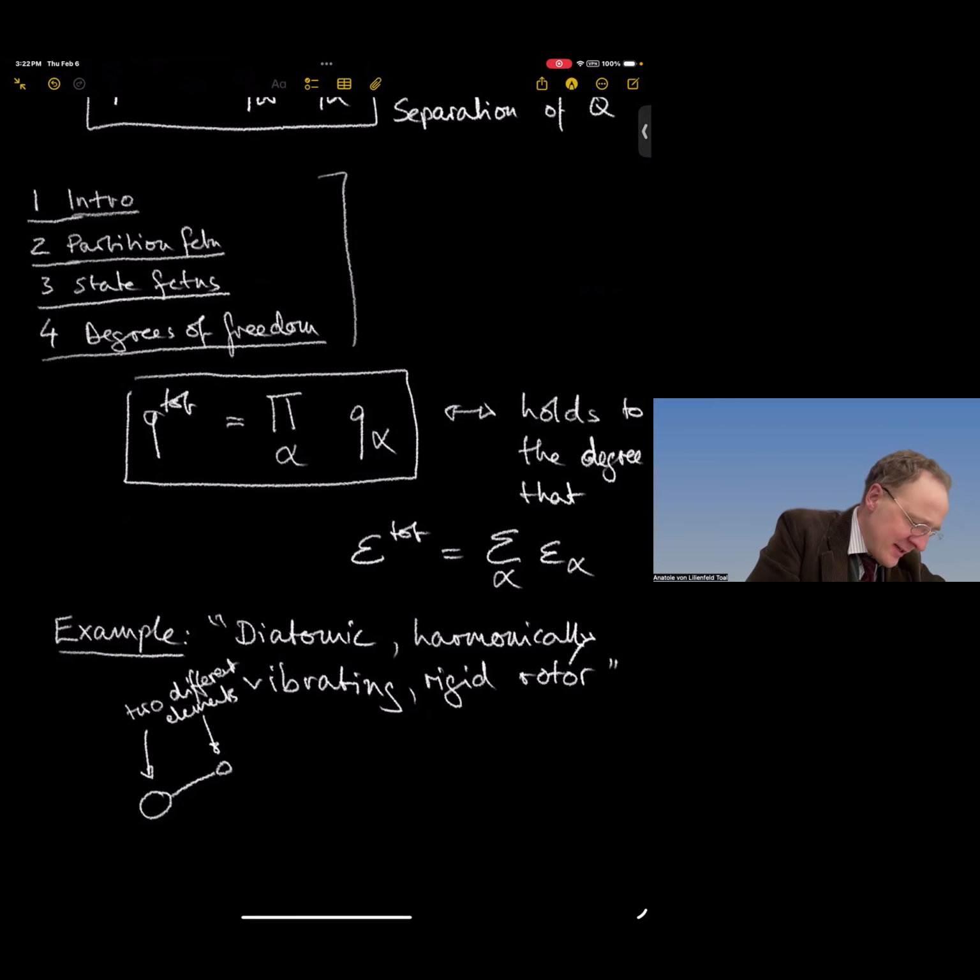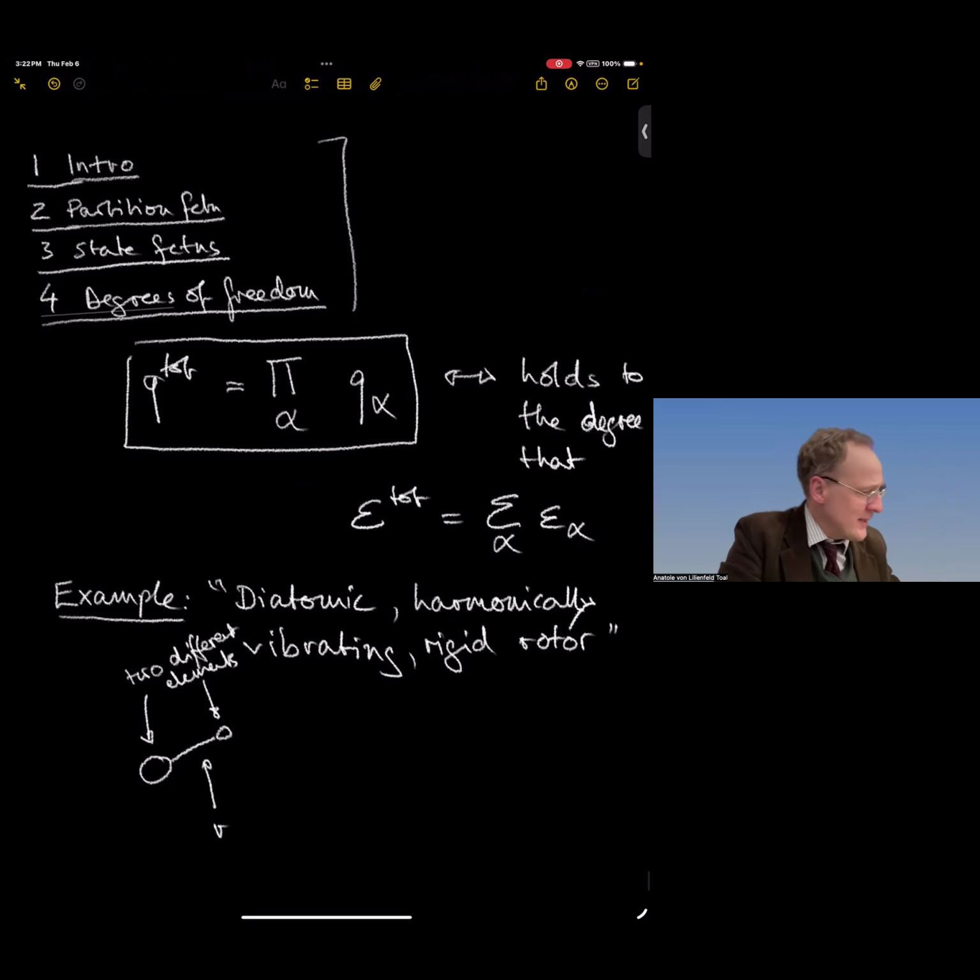And now we have an internal degree of freedom, the distance r between these two elements. And we also have some mass 1 and some mass 2. Okay, so the mass is basically your isotope of choice of the element corresponding to atom 1 and 2.